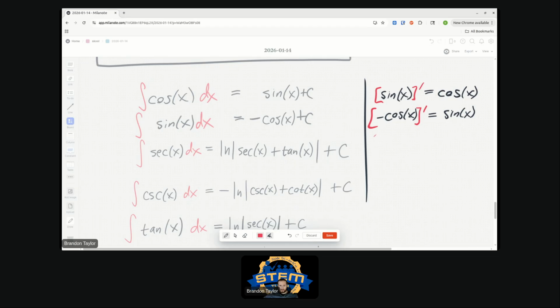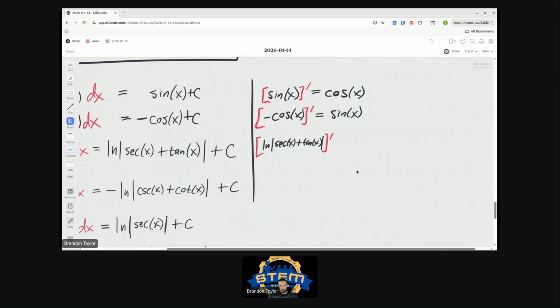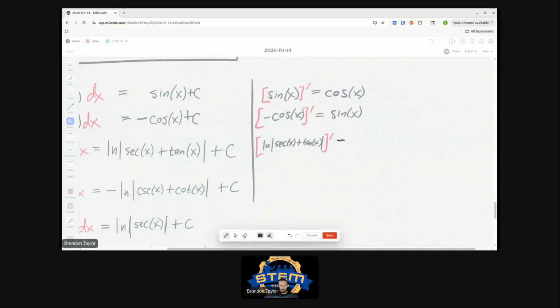And then here, if you take the derivative of natural log of secant x plus tangent of x, actually, I'll probably do this below here. So if you take the derivative of this, or maybe I'll move to the right. Well, what would that be? You have to think of it like the chain rule. So if you do the chain rule in your head, derivative of the outer function is 1 over x, but it's not x. You just leave the inner function, right?